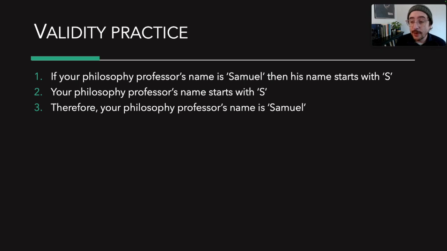So let's imagine that premise 1 is true. Let's imagine you spell Samuel with an S. It's pretty easy to do. Now let's also imagine that your philosophy professor's name starts with an S. Could you also imagine that your philosophy professor's name is not Samuel at the same time? And you are able to do that because you can imagine that your philosophy professor's name is Stephen.